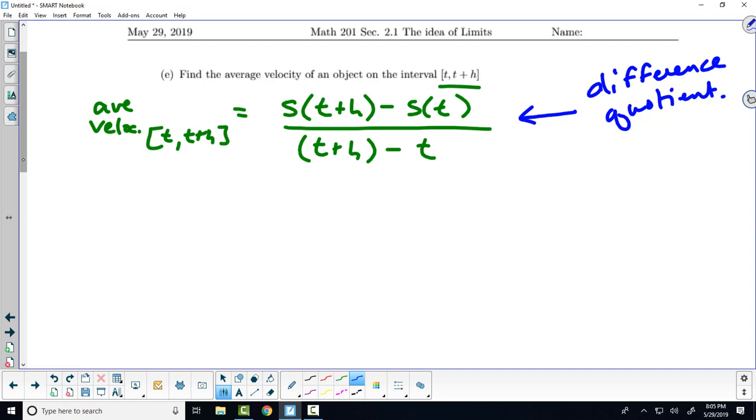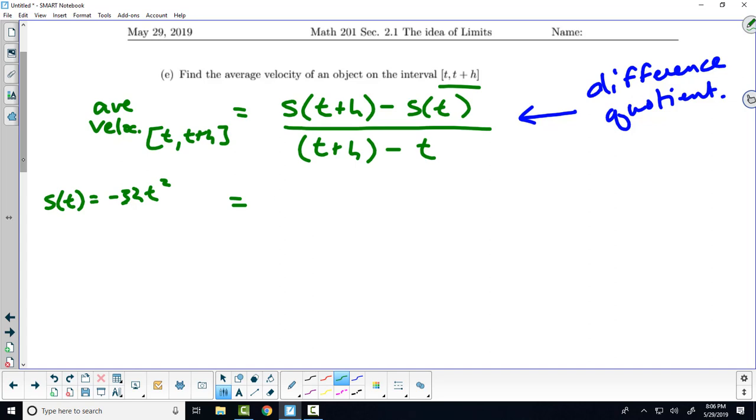Okay. This next step is usually the hardest for students. Let's look at this next step here. What was s of t? We said s of t was negative 32 t squared, right? So, I am going to input for t, what, into this problem? Well, in place of t, what am I going to put? T plus h.